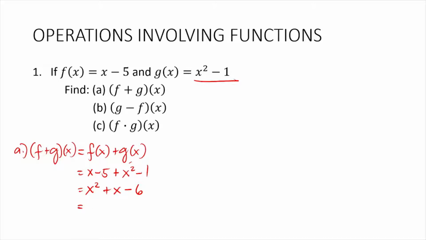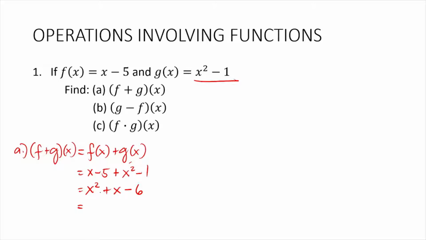To factor a quadratic expression, if the leading coefficient is 1, then we can simply look at the constant term, which is negative 6, and look for factors of negative 6 whose sum is positive 1, the coefficient of the linear term.